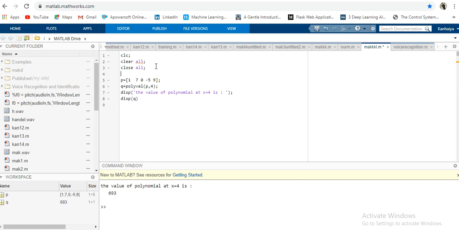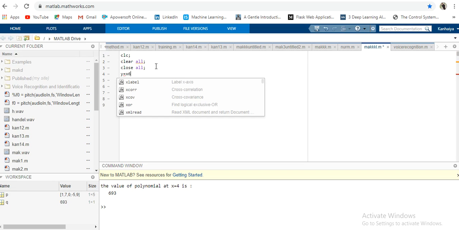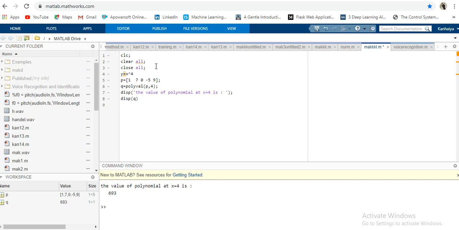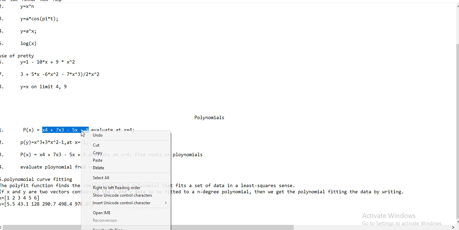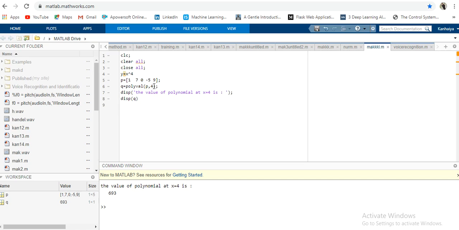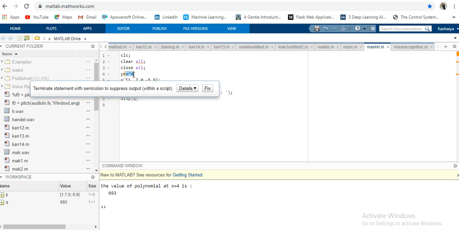Now let's try to plot this polynomial, if we can plot it. Let's suppose y equal to x to the power 4. We don't need to actually plot it, but I want to see something.